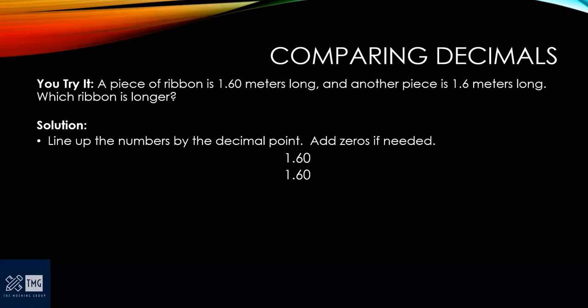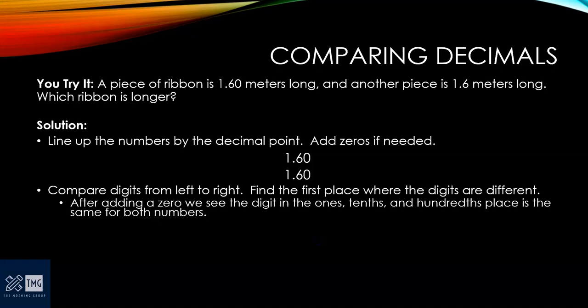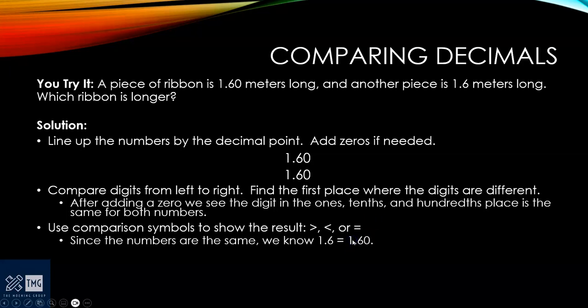When we add a 0 to 1.6 so that they have the same spots, it's pretty clear to see these numbers are the same. When you compare the digits, the ones place are ones, the tenths place are sixes, the hundredths place are zeros. This is the exact same number. So therefore, we can say 1.6 is equal to 1.60. And therefore, those ribbons are the same length.